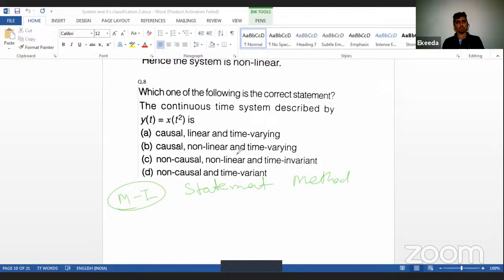So for the system, let's first check for causal. For causal, the system must not depend on future values. So let's first check that. Suppose I'm checking for y of -2, then it will depend on x of 4. So it will be non-causal.